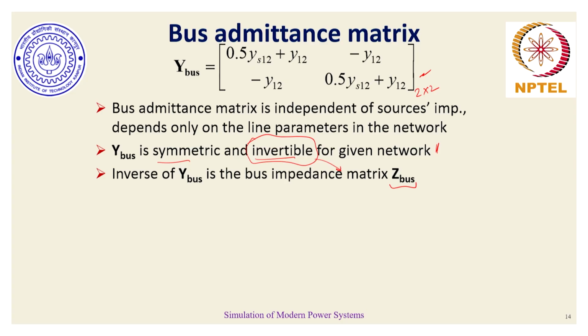And among all mathematical operations, inversion or factorization is the most computationally burdensome exercise, specifically for matrices of large size. That's the reason why people figured out ways of finding the bus impedance matrix right away before finding Y bus.